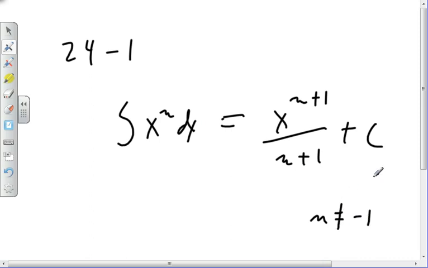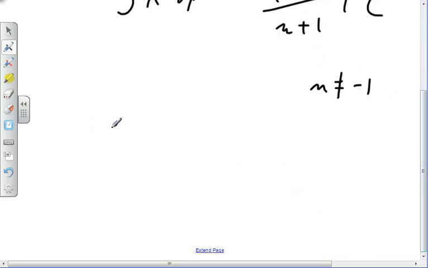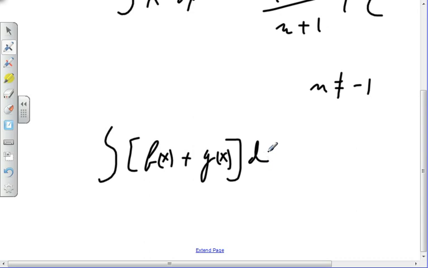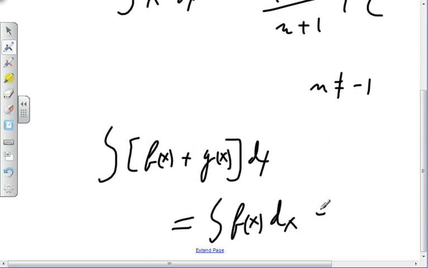That'd be bad. If I have the integral of two functions, f of x and g of x, then I can divide them up and do them one at a time: the integral of f of x plus the integral of g of x.